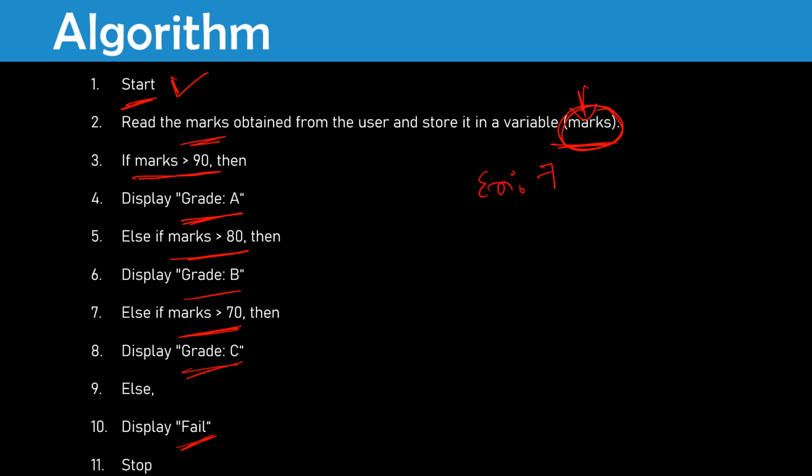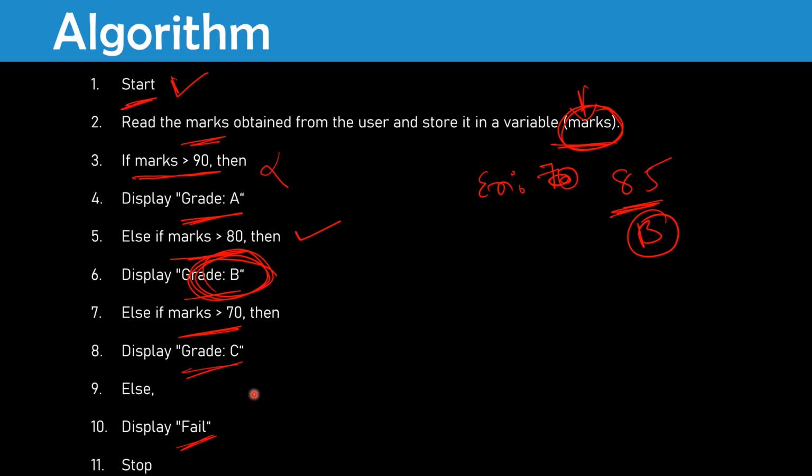If I got marks 85, what do I need to get? Grade B, right? First we will check if marks are greater than 90. My marks are 85, it's not greater than 90, so the condition fails. Now we come to the second condition. My marks are greater than 80, the condition is true. It will print grade B. In this way the program will work. Based on the conditions we will get the perfect grade.